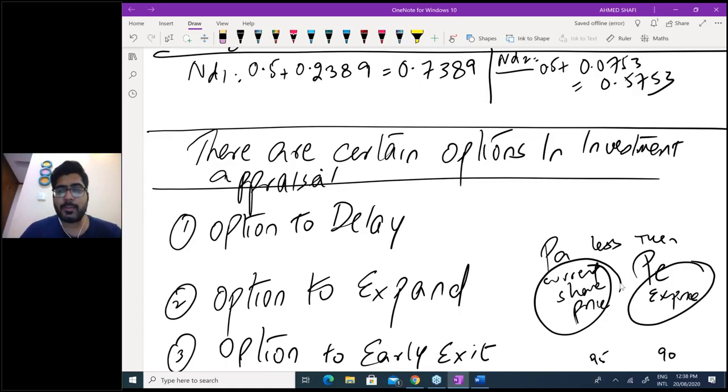What will people like you and me do? They will exercise at 90 and immediately sell in the market at 95 and get a $5 gain. So no one will allow you this. So obviously exercise price will be more and current share price will be less, so that if you immediately exercise, you don't gain.